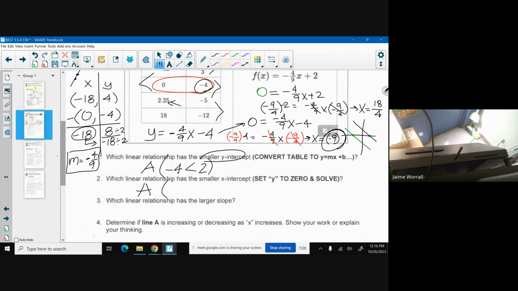Since negative 9 is smaller than 18 over 4. Which linear relationship has the larger slope? Larger? Neither, they have the same slope.